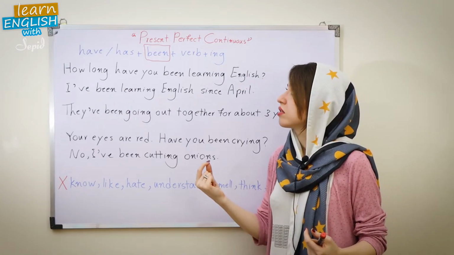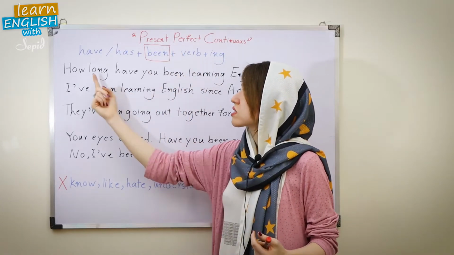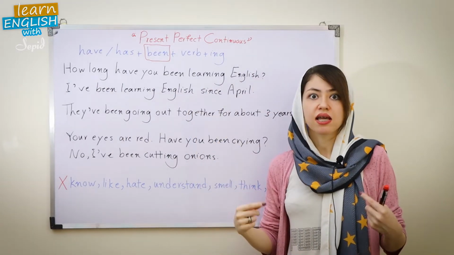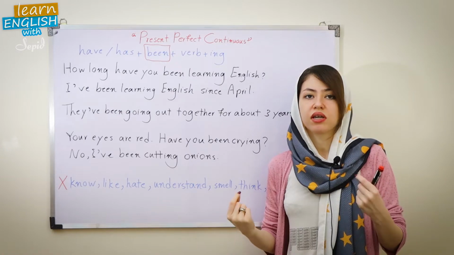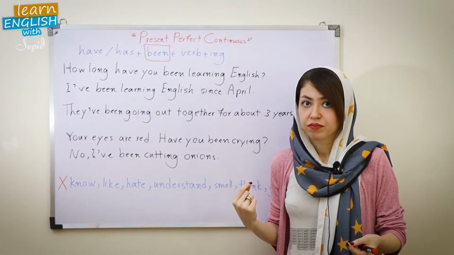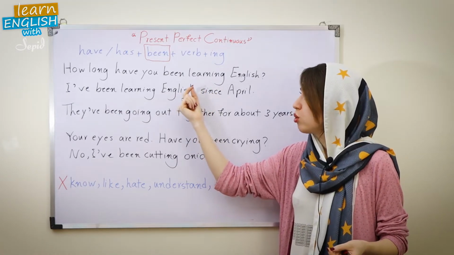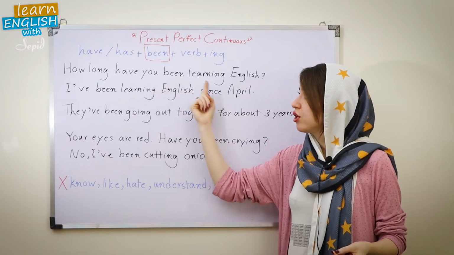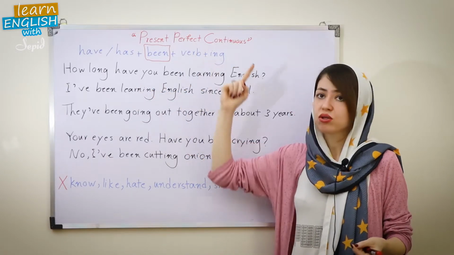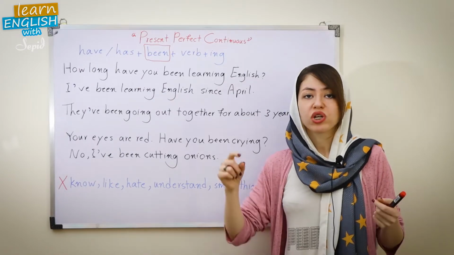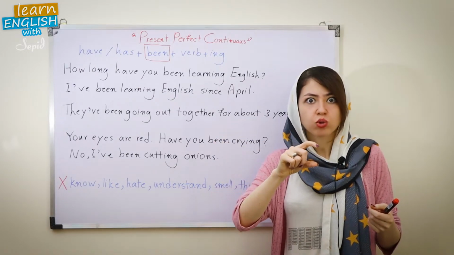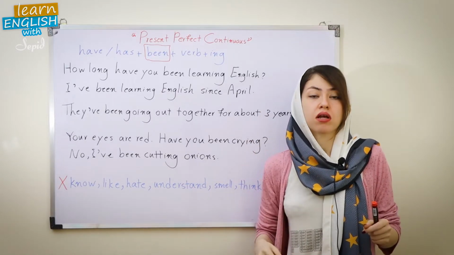If we are talking about present perfect continuous and our sentence is written in this tense, okay, there's a point here. The point is that you should notice that if you're using present perfect continuous tense, you are talking about actions which continue without any pause, okay?